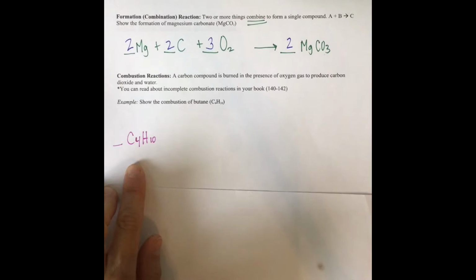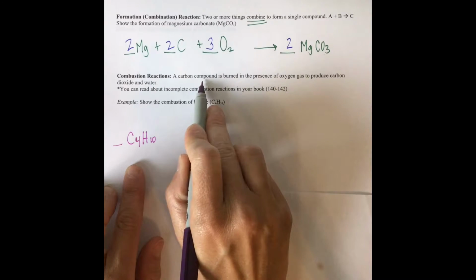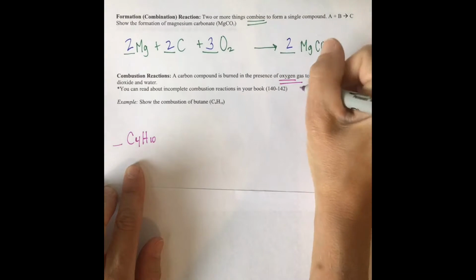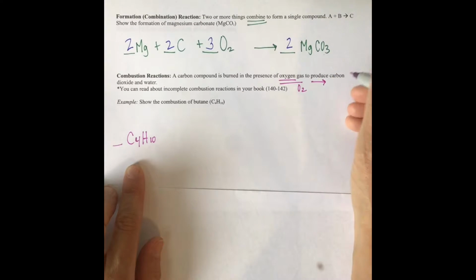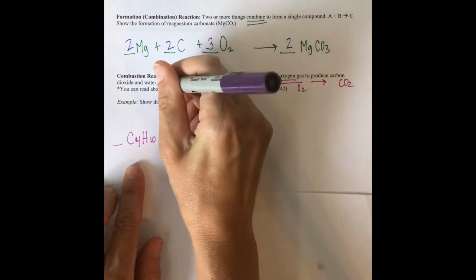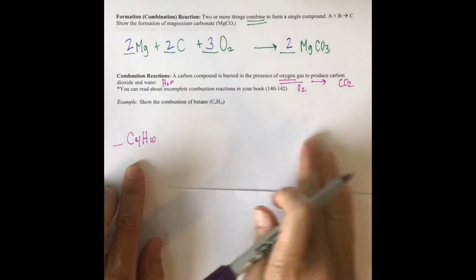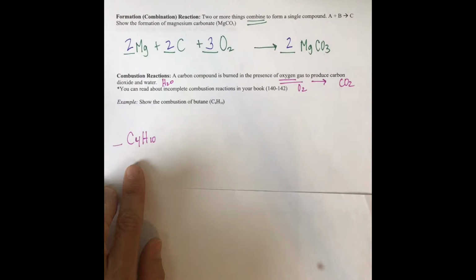The reason that they're simple is they are always a carbon compound burned with oxygen gas, and the products will always be carbon dioxide and water. So you'll always know what your product should be. Balancing combustion reactions can be tricky, but I will show you an easy way to do it.